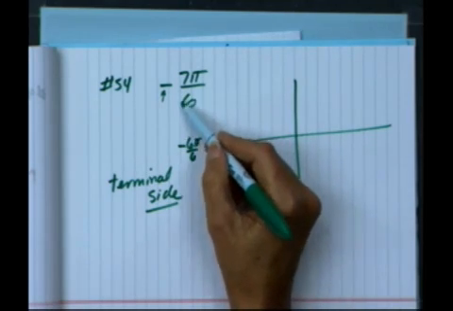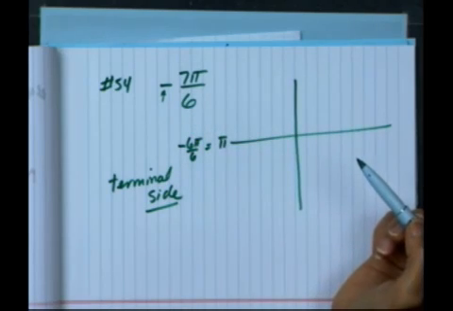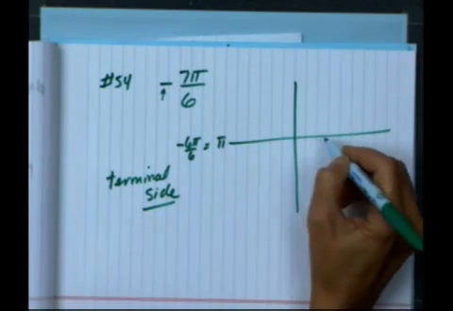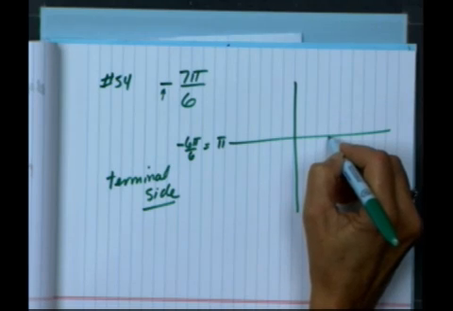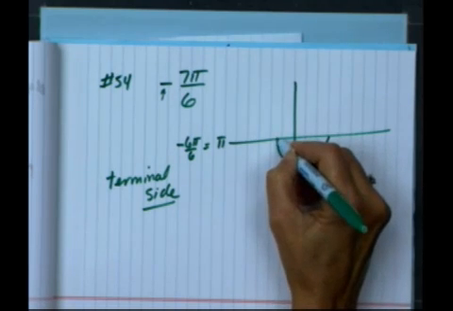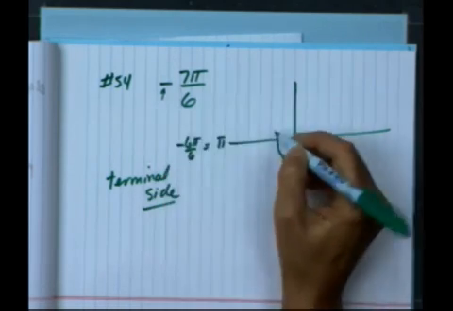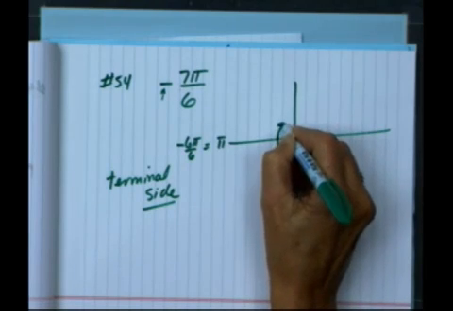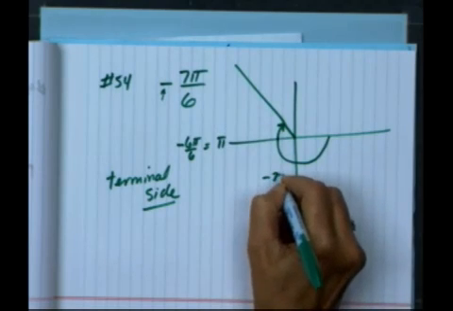Because there's a 6 in the denominator there. So where's the terminal side of negative 7 pi over 6? Which quadrant? That's negative 6 pi over 6. How far do I go now? Another negative pi over 6. And here is negative 7 pi over 6.